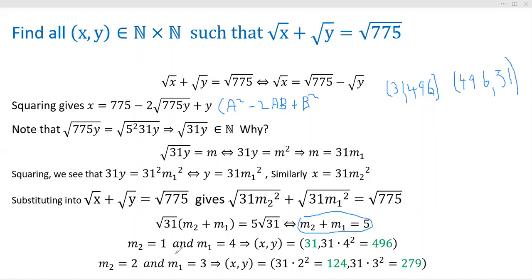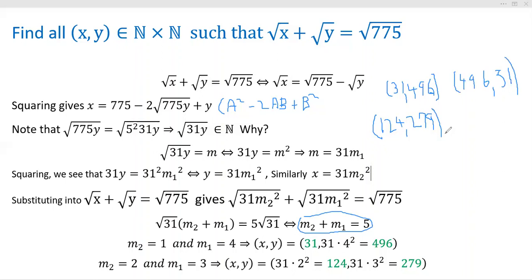And also down here, when you go through the case m sub 2 equals 2 and m sub 1 equals 3, we get the symmetrical solutions, I guess you could call it, 124, 279. Again, it's very natural to believe that you can just reverse these, since there's nothing special about x and y.